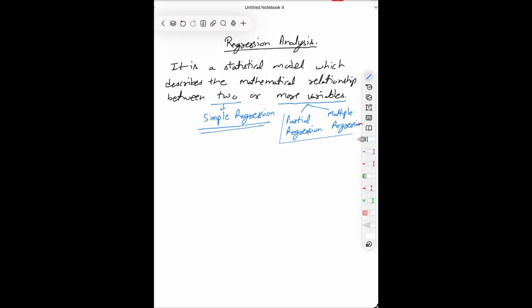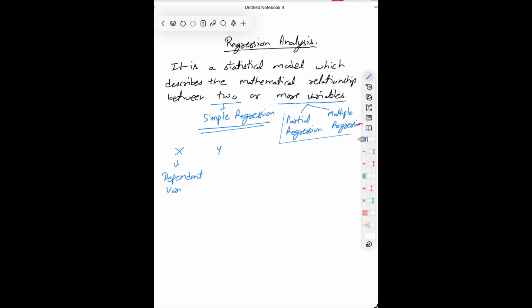Now, in this case, we are assuming there are two variables, variable x and variable y. Remember, you have to first of all assume the dependency among these two variables. So what would the term dependency mean? You have to make an assumption whether the variable x is a dependent variable.